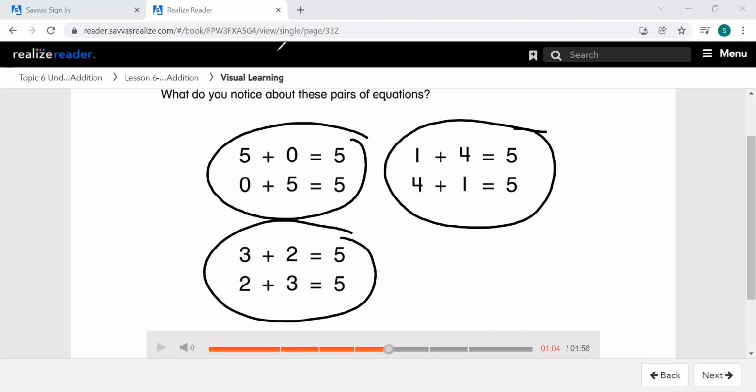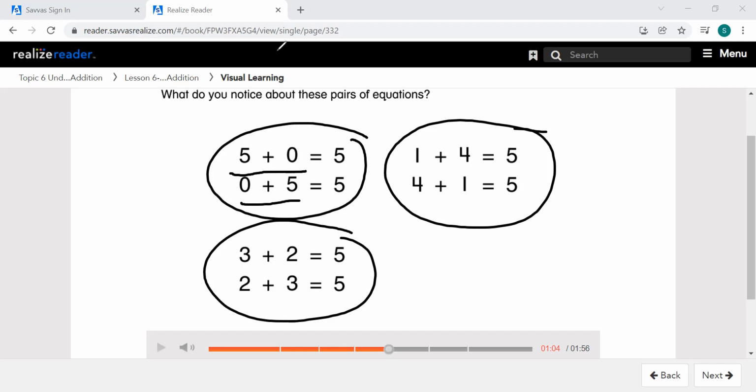Well, I see two numbers in this pair, 5 and 0 and 0 and 5. So 5 plus 0 equals 5 and 0 plus 5 equals 5. They are two numbers that are the same, but they are in different locations in the equation.